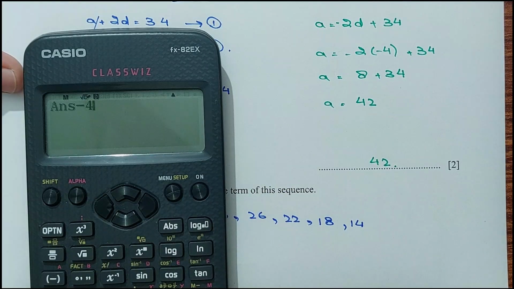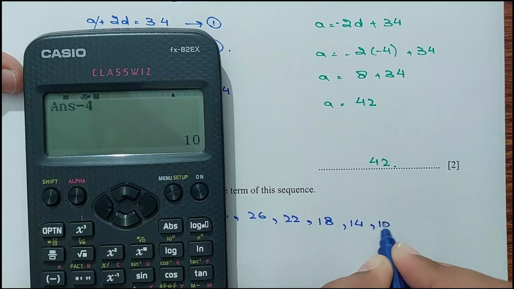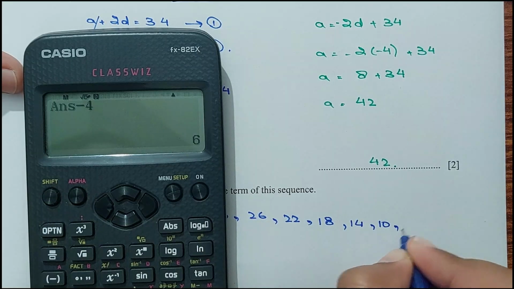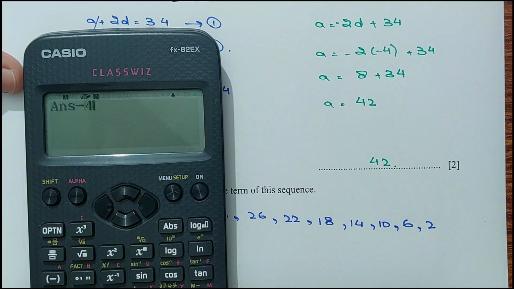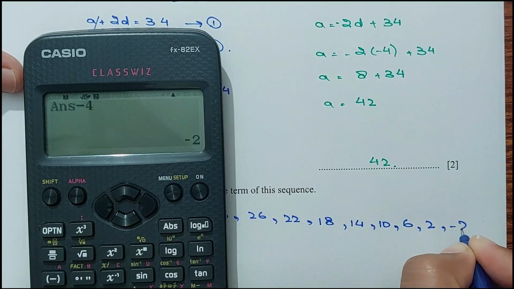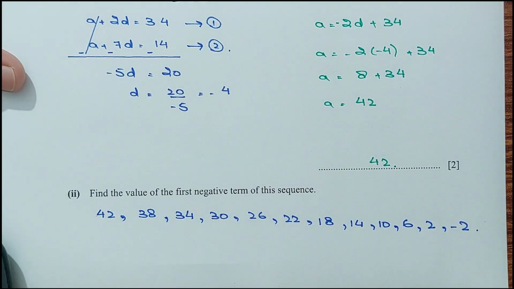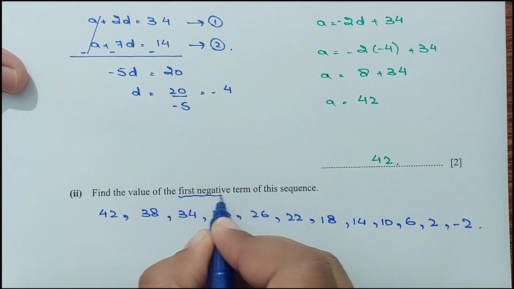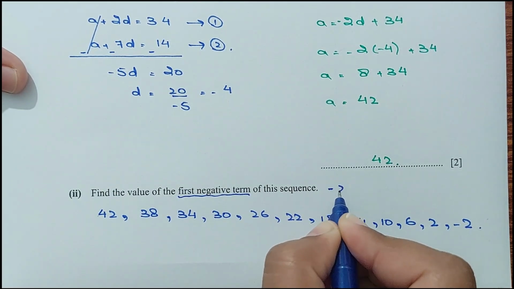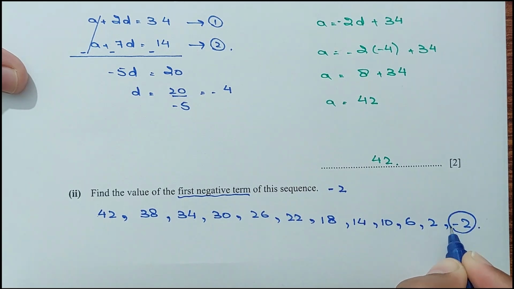Subtract 4 is 10, and then subtract 4 is 6. Subtracting 4 is 2, subtracting 4 is negative 2. So we have to find the first negative term of this sequence, and it is minus 2.